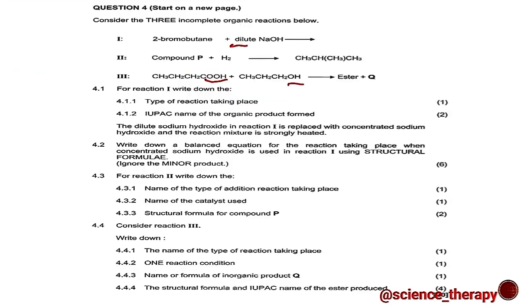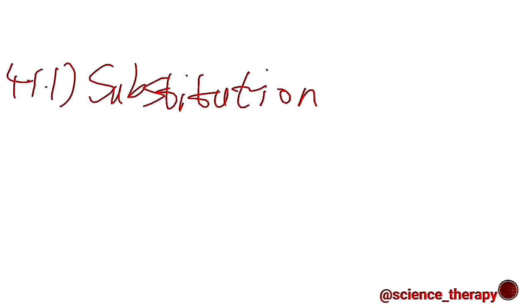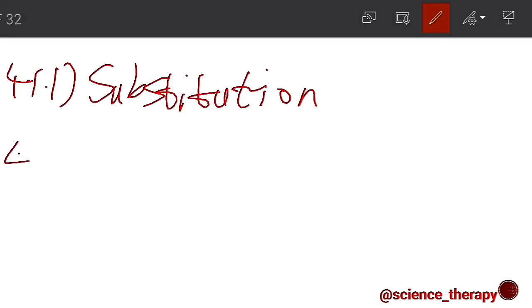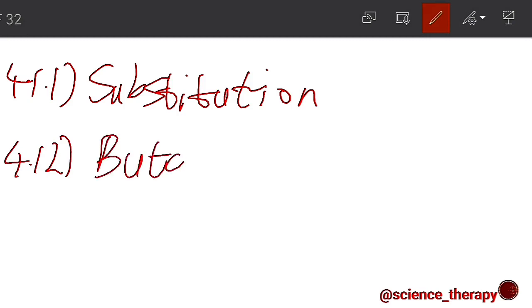Now 4.1.2 says the IUPAC name of the organic product formed. If this is substitution, we know that we have to substitute the bromine in carbon number 2 with the OH, right? So this makes it butan-2-ol. So that's the IUPAC name.